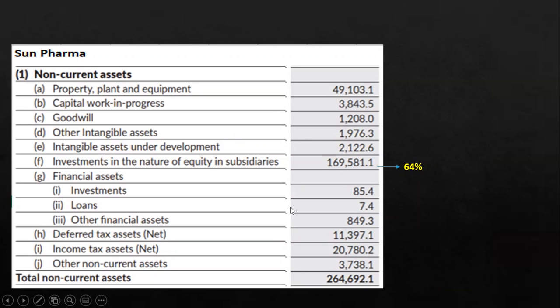Similarly, we can also see that in the non-current assets of a pharma company, a reasonable amount of the total non-current assets is property, plant, equipment. But here also, there is a big amount of long-term investment sitting on the balance sheet. That means they have invested money in several companies, which are subsidiaries, and these are long-term.